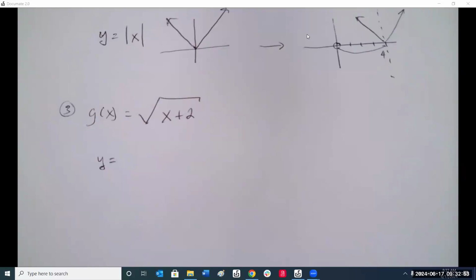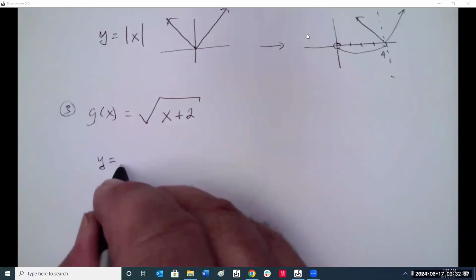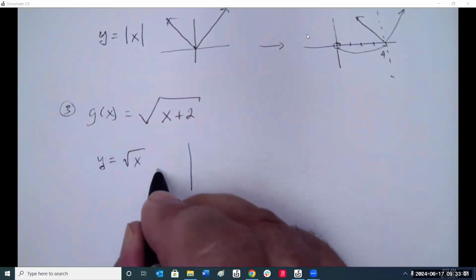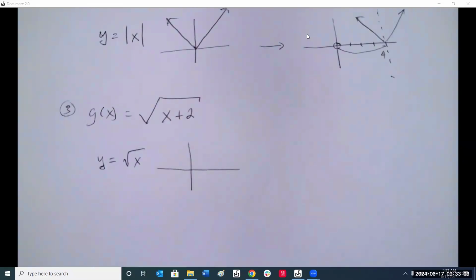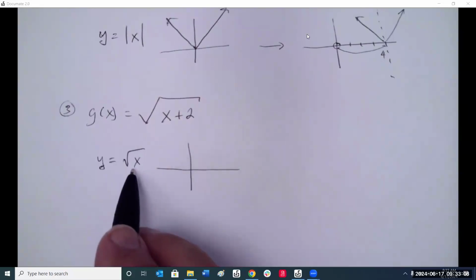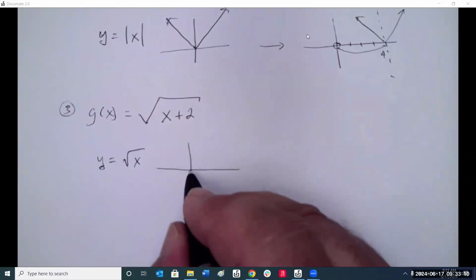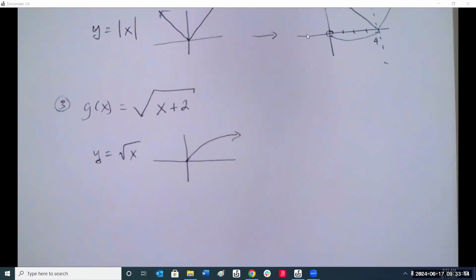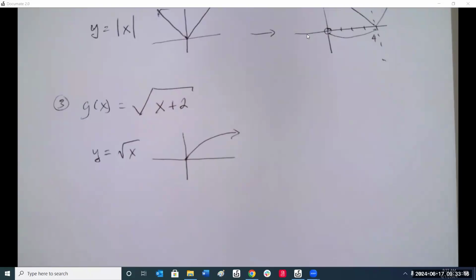Get rid of all numbers. What's the original function? Square root of x. Right. What does that one look like? Square roots cannot be negative. So it starts at 0 and it grows like this. The faster you memorize the library of functions, the faster this course will go for you. So you don't always have to go back and forth, back and forth, back and forth.